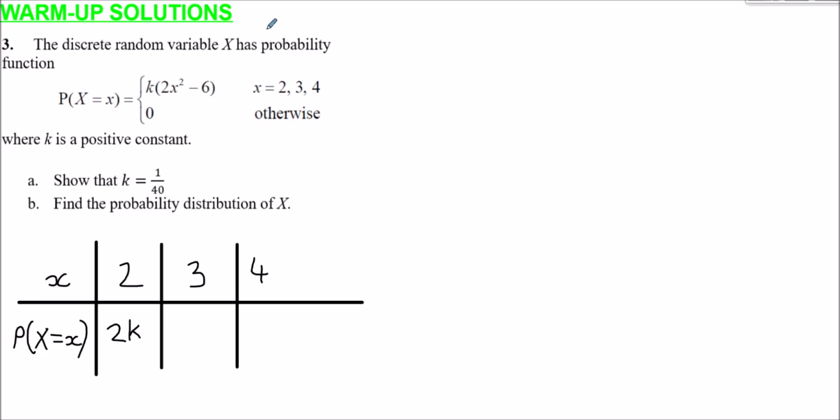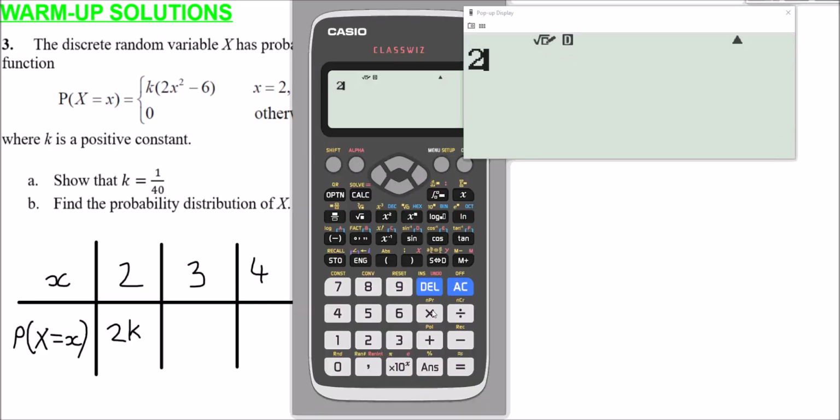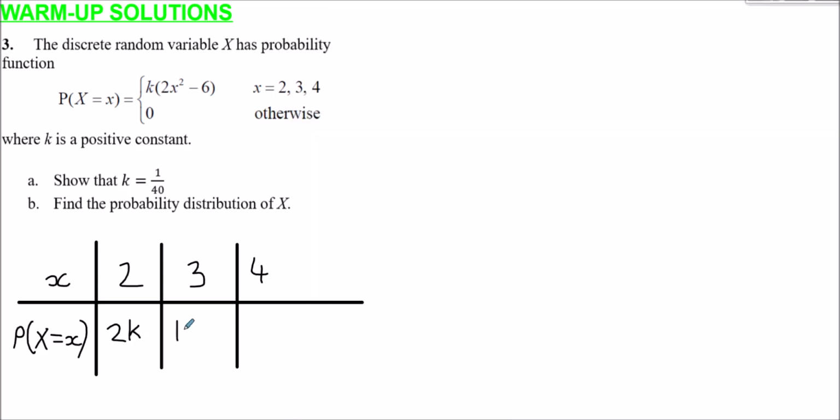Then when x is 3, that's going to have a probability of it being 3 of k times, in brackets, 2 times 3 squared minus 6. So 2 times 3 squared minus 6 gives us 12. In other words, k times 12, that's going to be 12k.